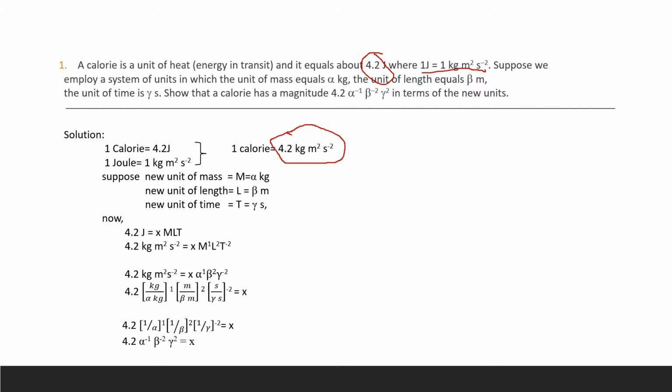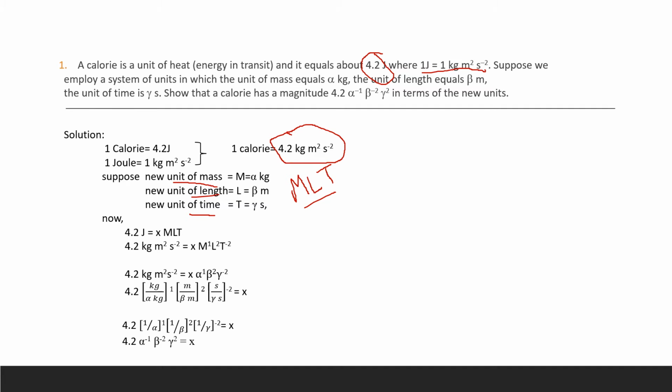Now again they have given a system of units in which the unit of mass, unit of length, and unit of time are new, isn't it? So I'm representing it as, you guys already know about the dimensional units, we represent mass as capital M, length as capital L, time as capital T, isn't it? So MLT.